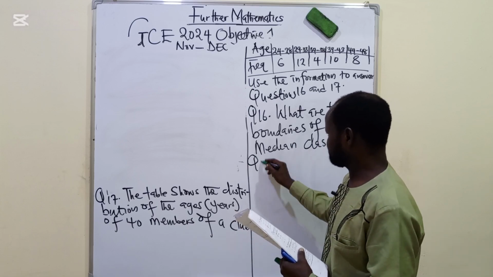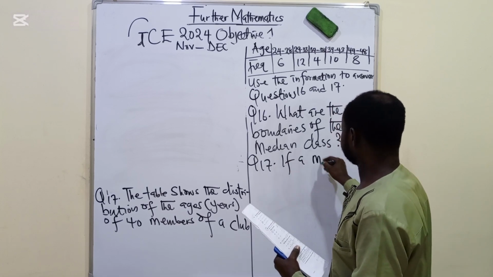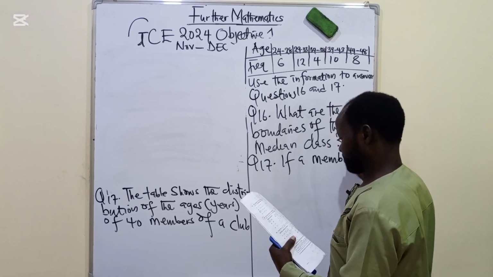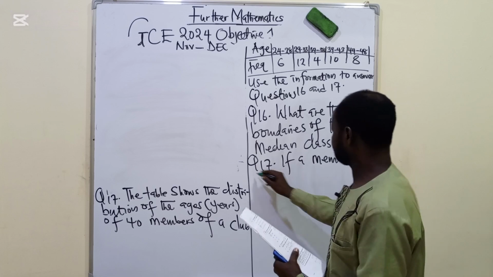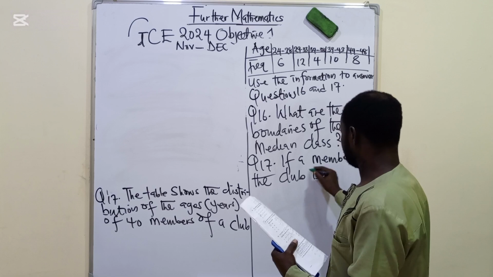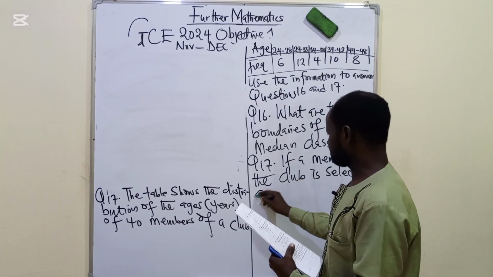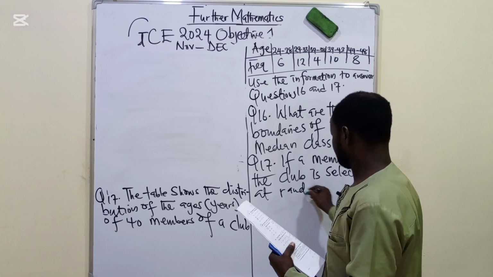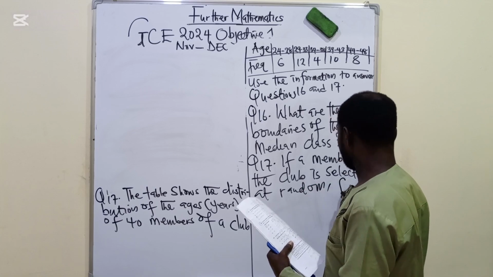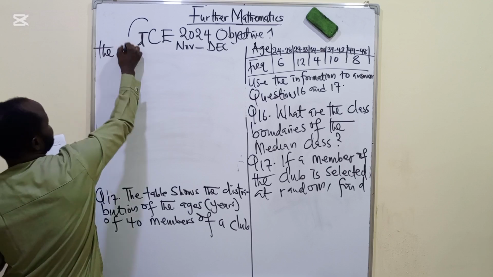Then question 17 under this, if a member of the club is selected at random, we are asked to find the probability. Let me take it here.